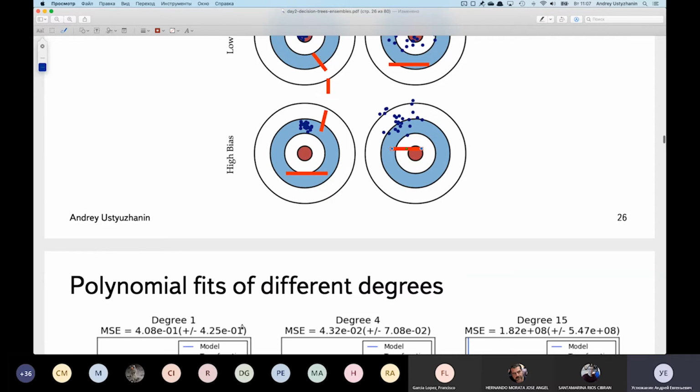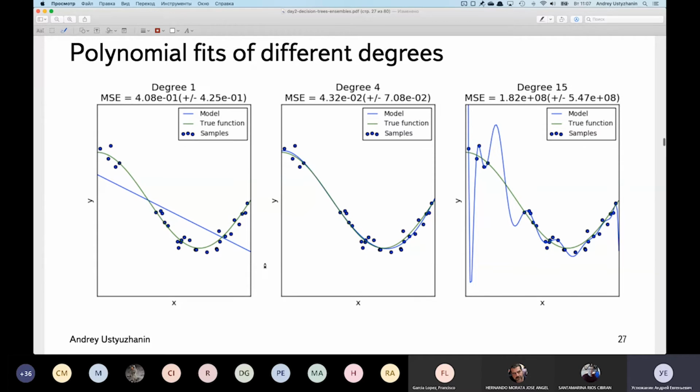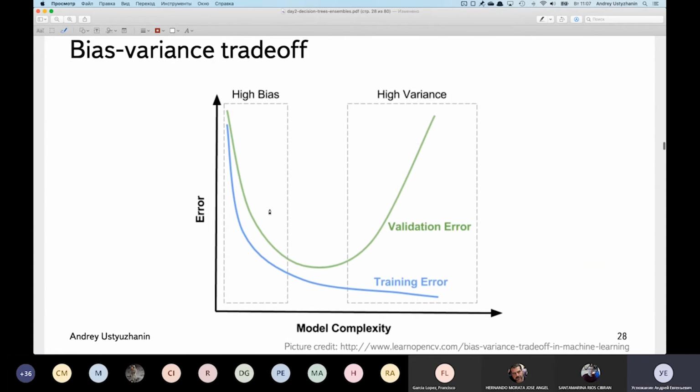Well, if you look at the example that we started to examine yesterday, we have a degree of polynomial that we want to fit to the data. Here is the illustration of the dependence of the error on the model complexity.